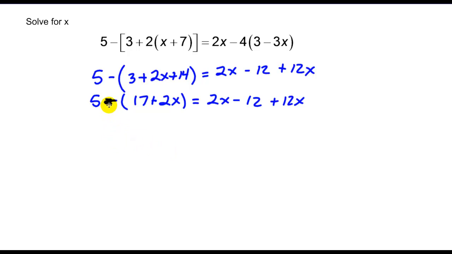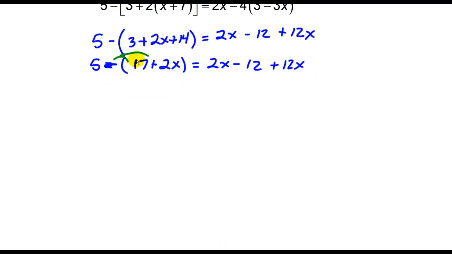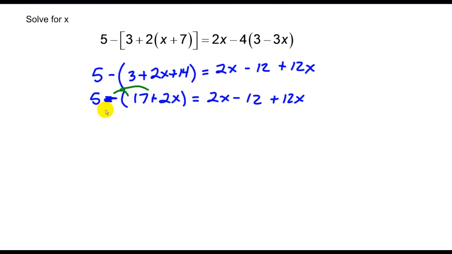So in this case, you'll notice there's a subtraction of this whole term, which basically means go ahead and distribute that negative through to both terms. And in doing so, we end up with 5 minus 17 minus 2x equals 2x minus 12 plus 12x.